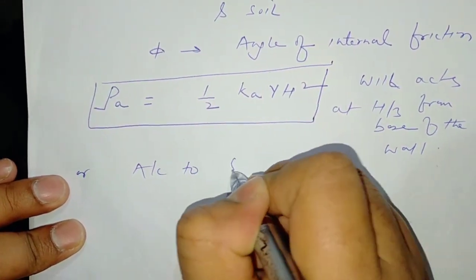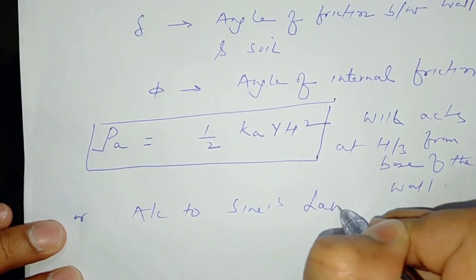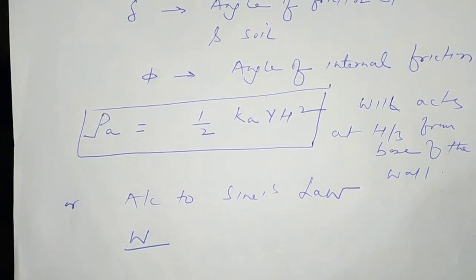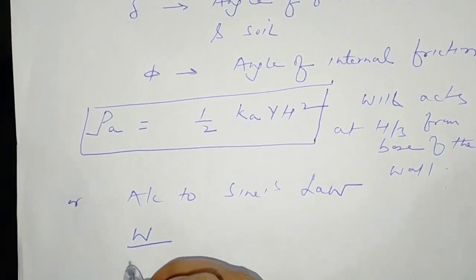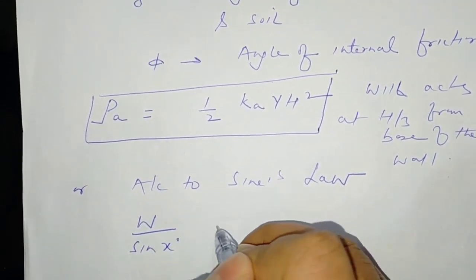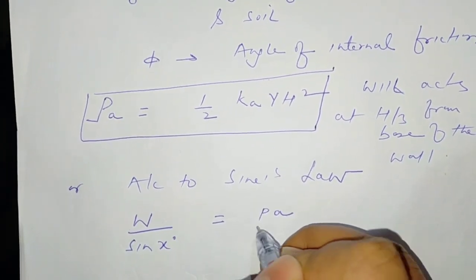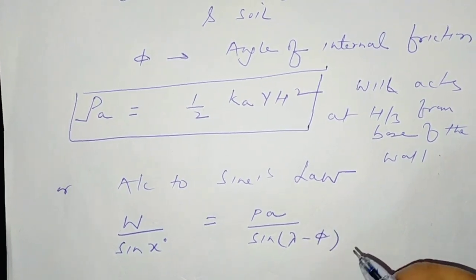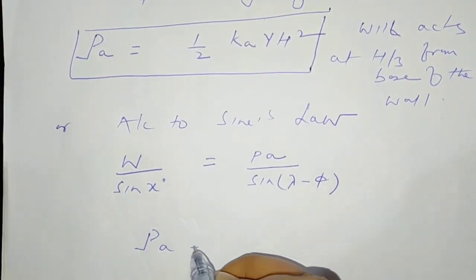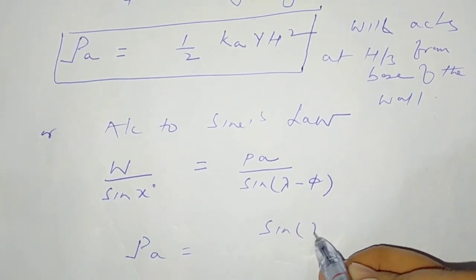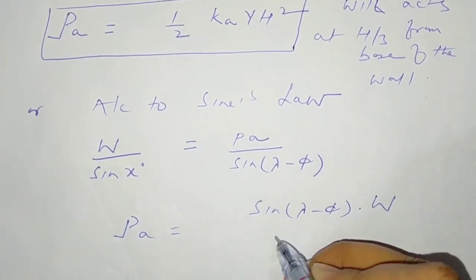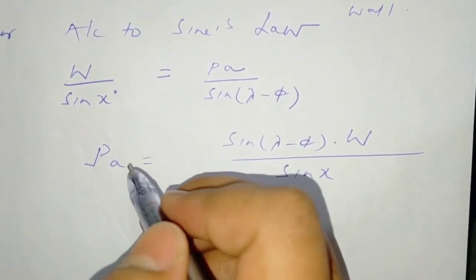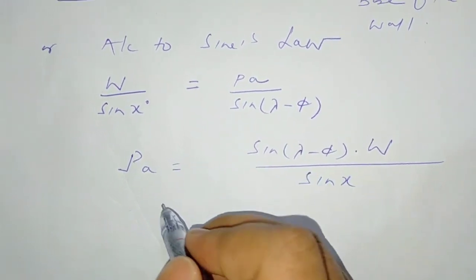According to sine law, W divided by sine X is PA divided by sine lambda minus phi. So PA can be computed as sine lambda minus phi into W divided by sine X. So we can compute from this or this.